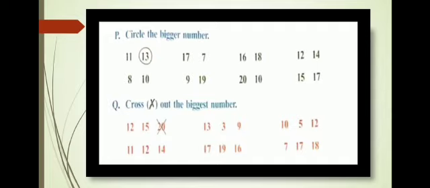So let's have a look on the first group. The numbers are 12, 15 and 20. So children, tell me which number is the biggest one? Yes, the number 20 is the biggest one. So cross out the number 20.